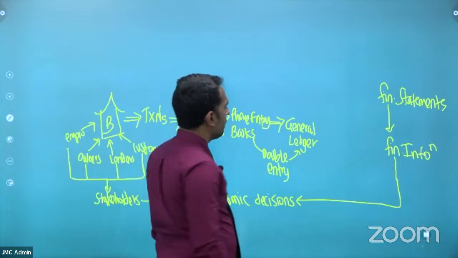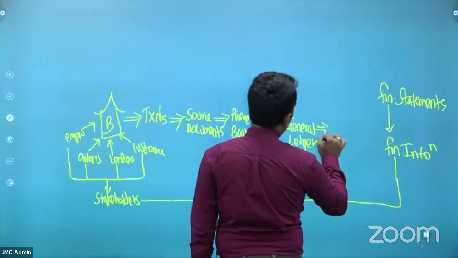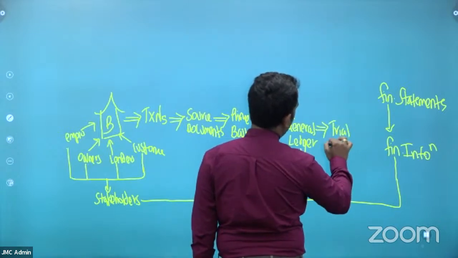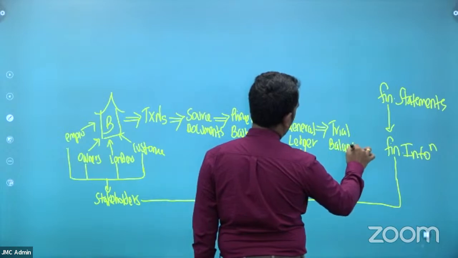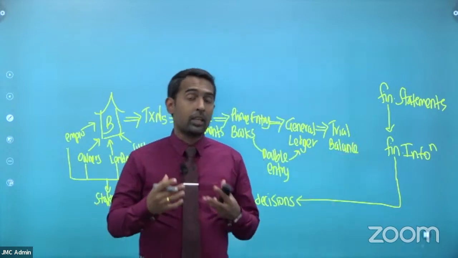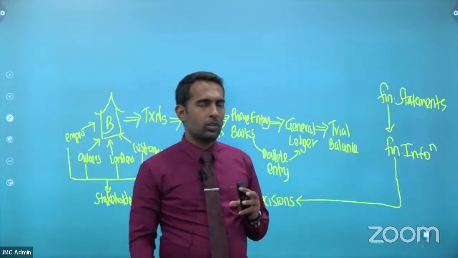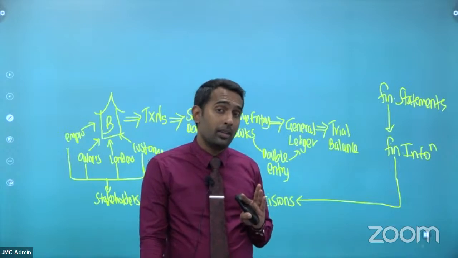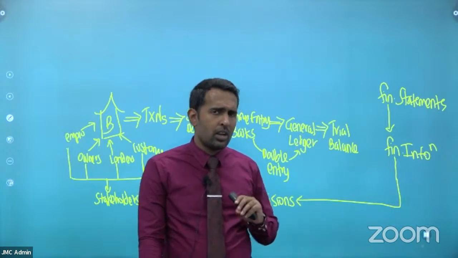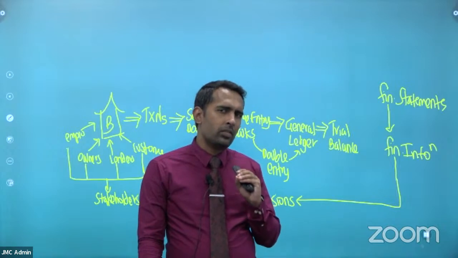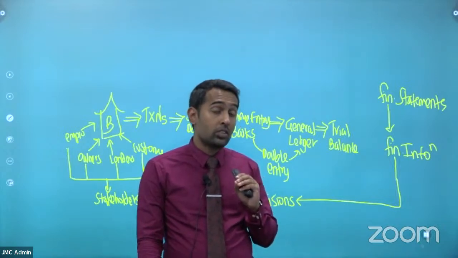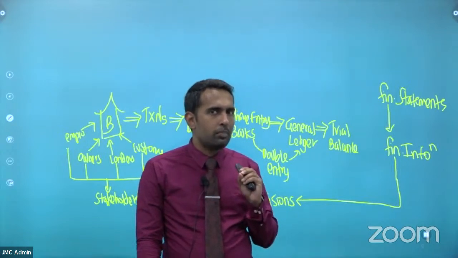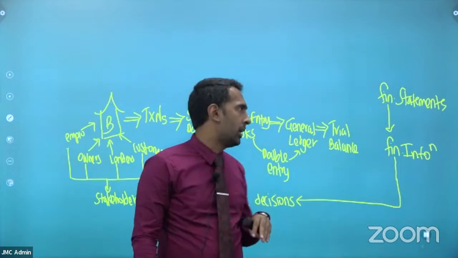Then by taking the closing balances of the general ledger, you prepare a document called the trial balance. Now all the detailed transactions you have summarized into a final document called the trial balance.